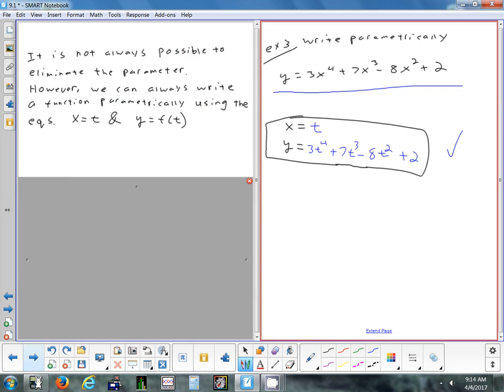And the way you could check your answer is take your x equation, solve it for t, which it already is, and then plug what t equals back into the original. So any questions on how to write something that's not parametric as parametric just by doing that little trick?